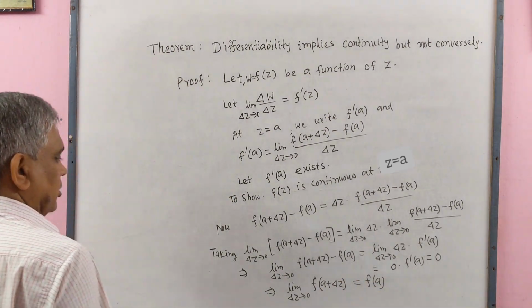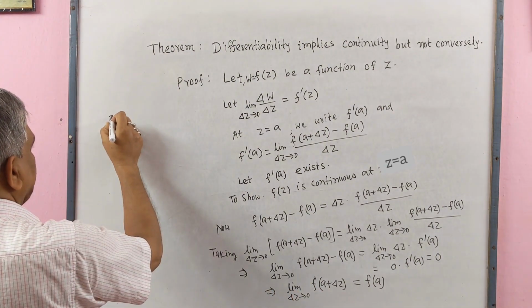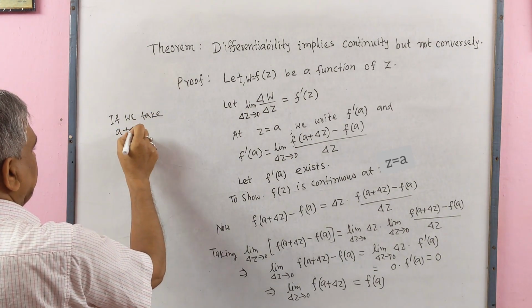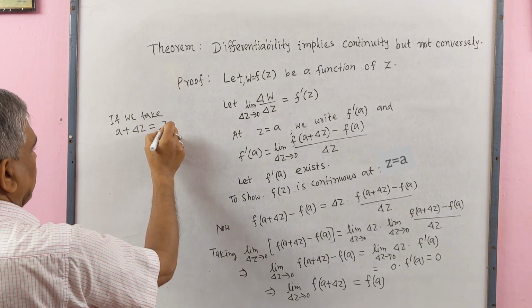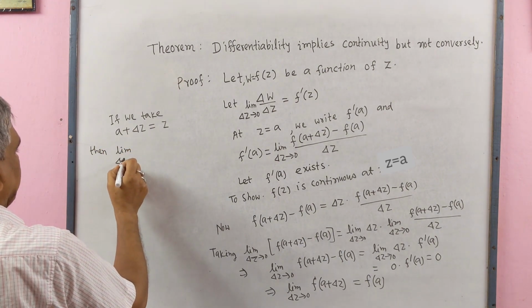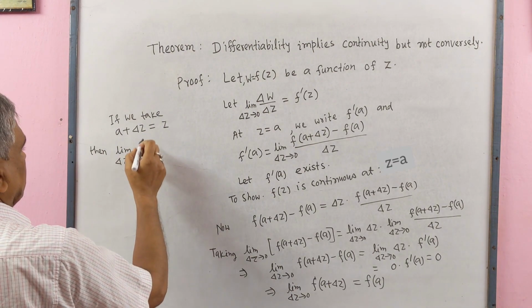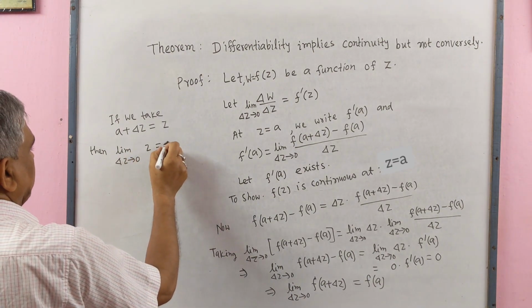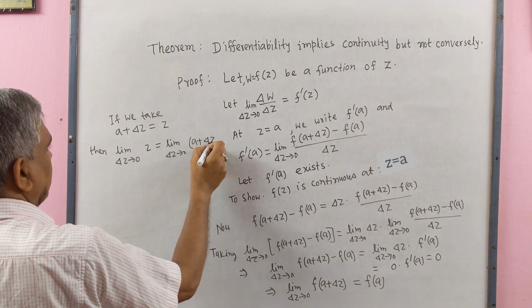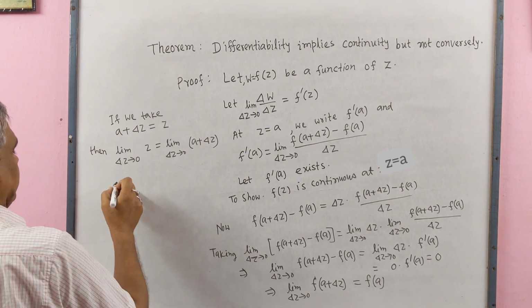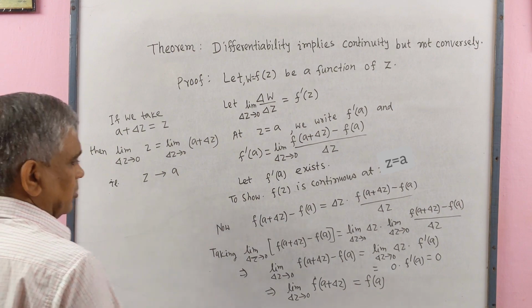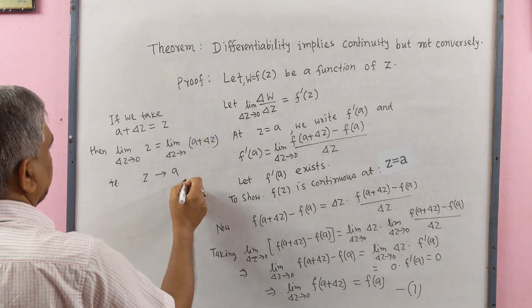That is, if we take A plus delta Z equal to Z, then limit delta Z tends to 0 of Z equal to limit delta Z tends to 0 of A plus delta Z, that is Z tends to A. This is number 1, this is number 2.